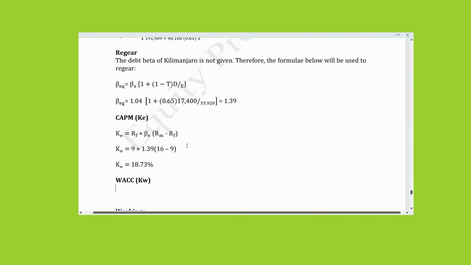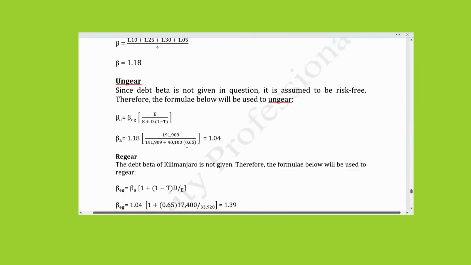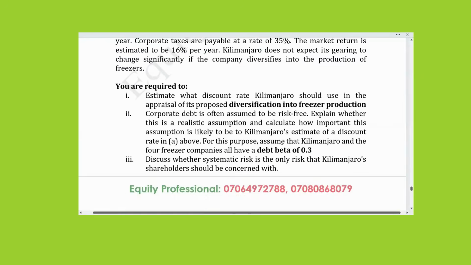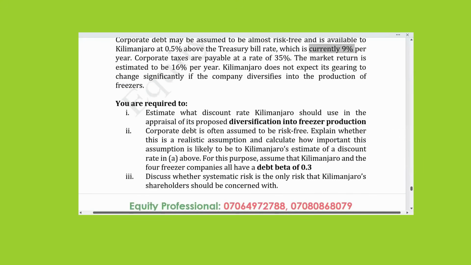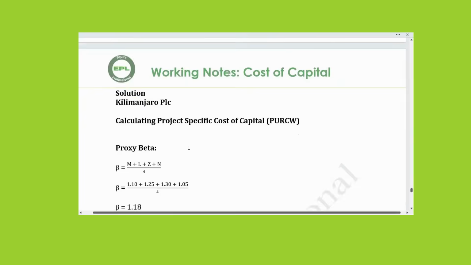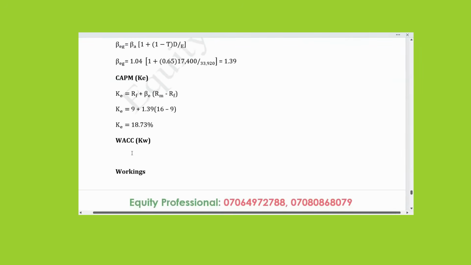Yes, how did I get it? I mentioned it: the examiner has told you the threshold rate, which is currently 9%, is there in the questionnaire. Thank you. You are welcome.